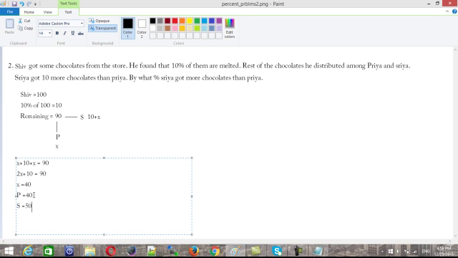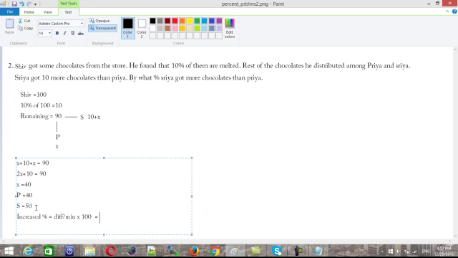So we got the values of Priya and Shriya. He is asking what percentage more chocolates did Shriya get than Priya. So we can find out the increased percentage now as we have found these two values. The increased percentage is difference by minimum value into 100.